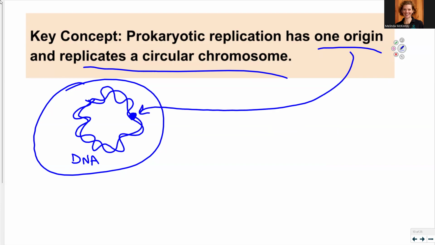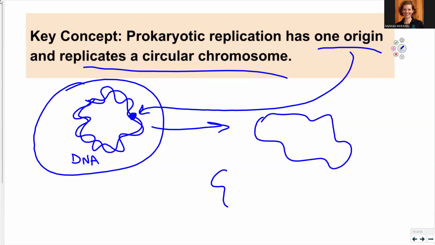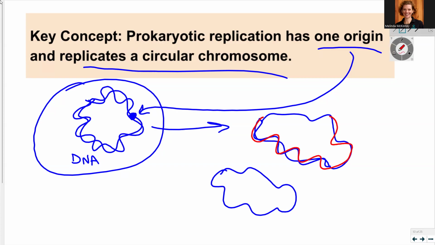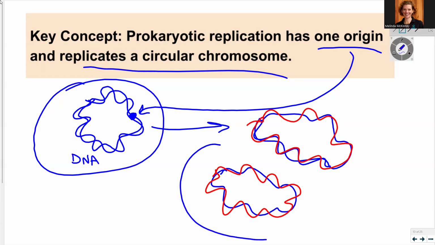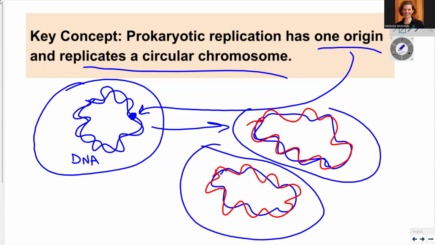And then it's going to open up at this place, and it's going to create two strands. I'm just going to show the DNA here. Again, we're going to be using the template strand. In this case, the blue is my template strand. I'm using that, if I'm the enzyme creating DNA, to make the complementary strand. Each of those are going to be replicated and then ultimately passed down to two new prokaryotic cells.